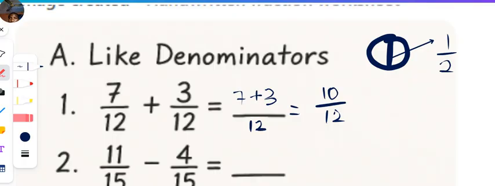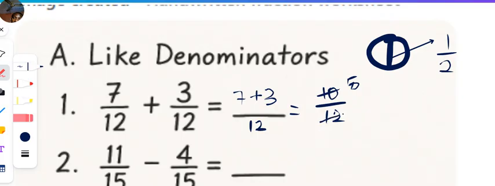But we can still break this fraction to its lowest term by dividing it by a common factor. Let's say, for instance, 2 can be the factor. 10 divided by 2 is 5.